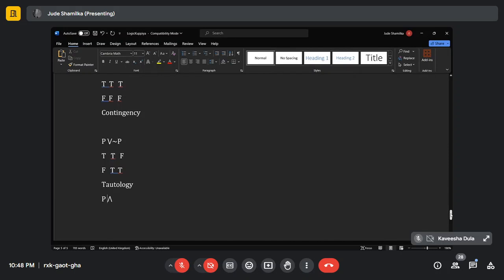If the output is always the same, we call it a tautology. Here we have to consider just one expression. Right? If the output of that expression is a full line of T's, we call it a tautology.